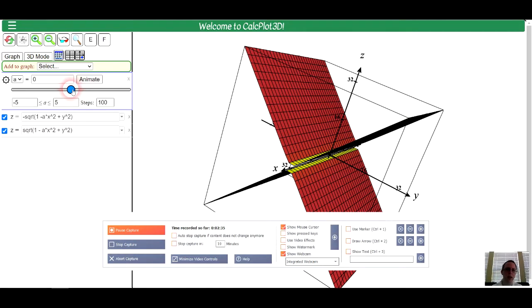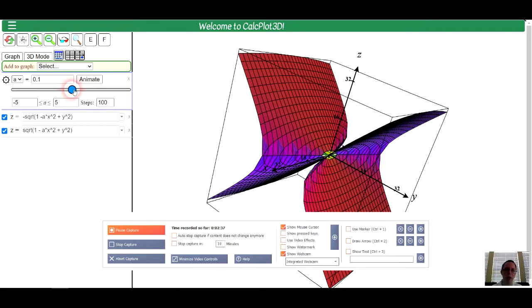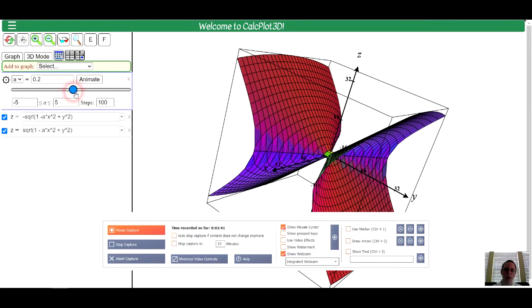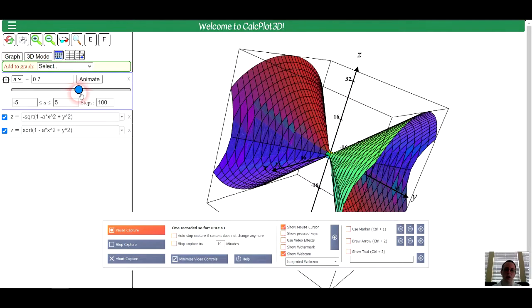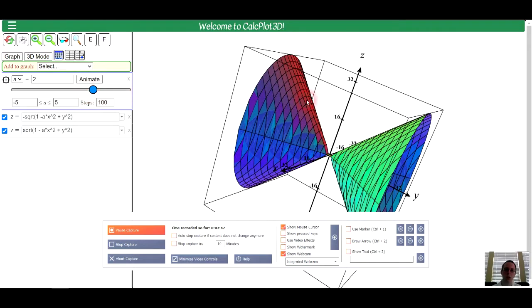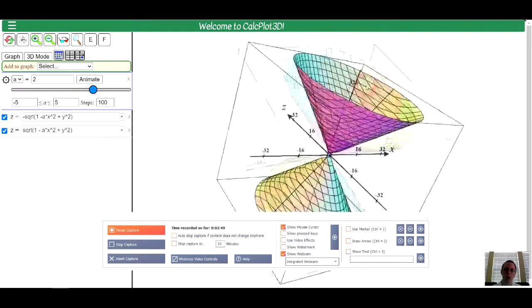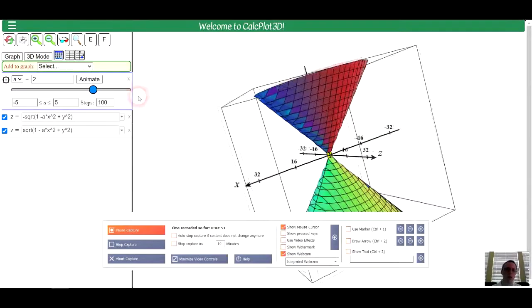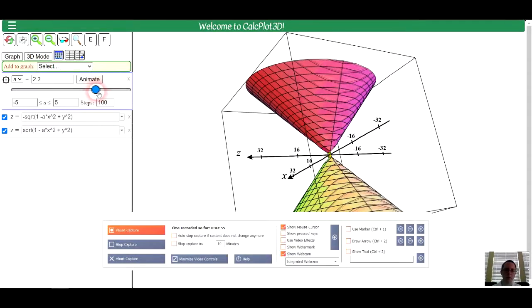And so then, as they go positive, something changes again, and they start to resemble cones. They're actually parabolic, but they start to resemble cones.